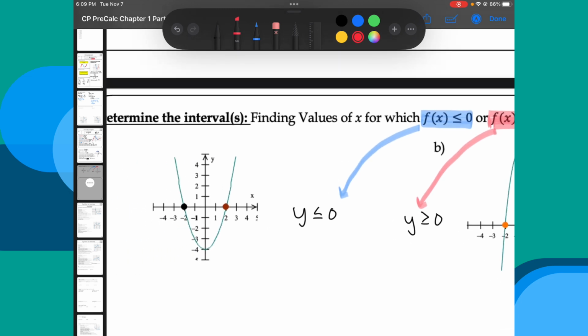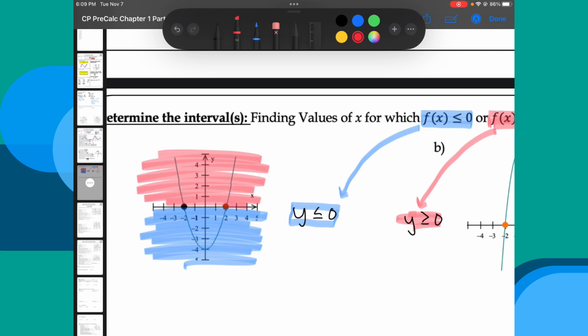Okay, so the blue, everything in this area is when y is, oops, I did the wrong color. Sorry. y is less than 0 would be less than 0, and y is greater than 0 would be greater than 0.